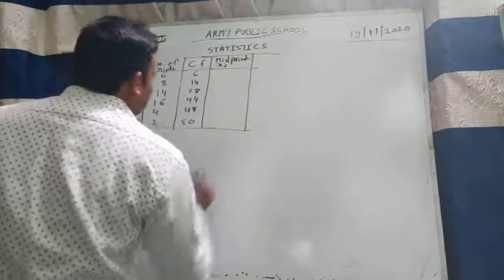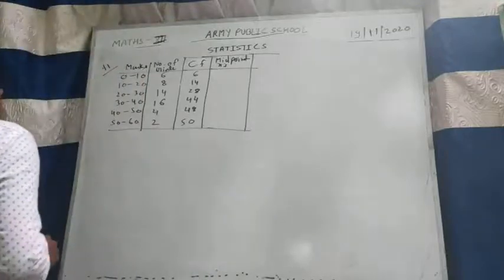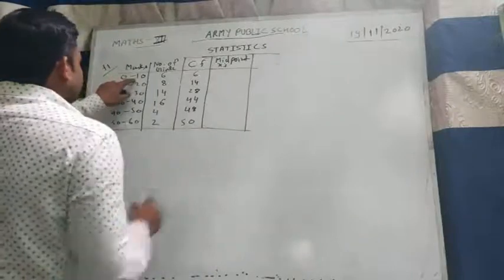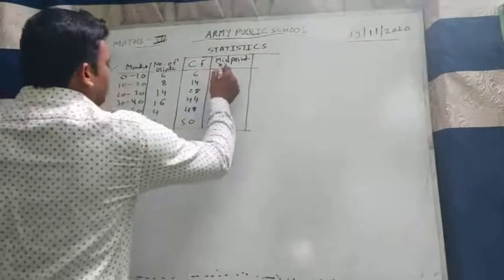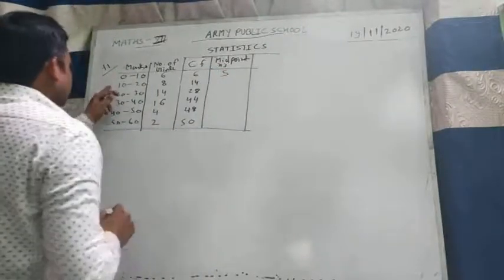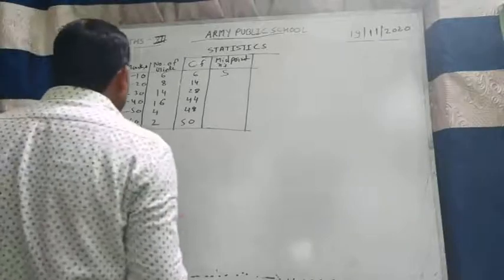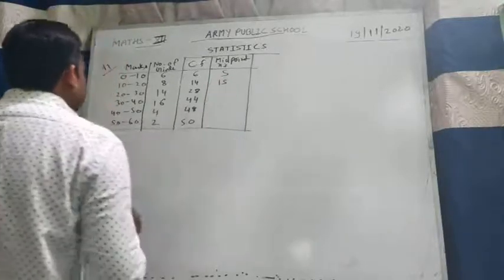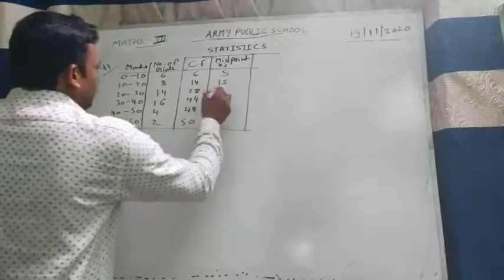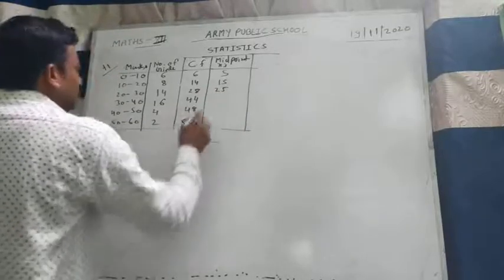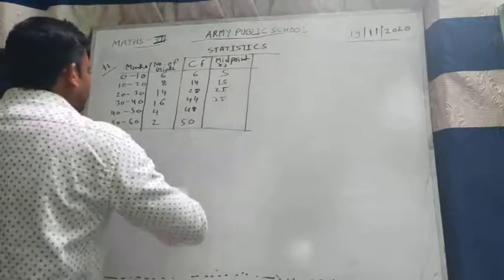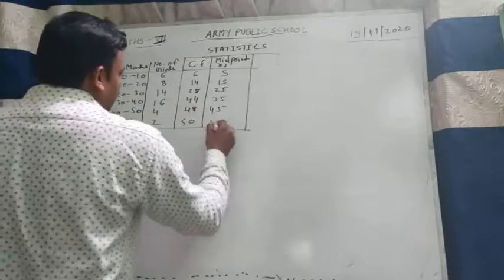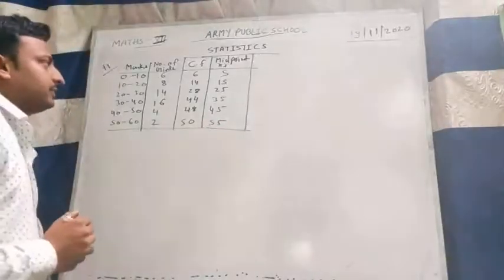Okay. So take xi, it will be 0 plus 10 by 2, 5, 10 plus 20 by 2, it will be 15, and this will be 25, it will be 35, 45, and last 55.